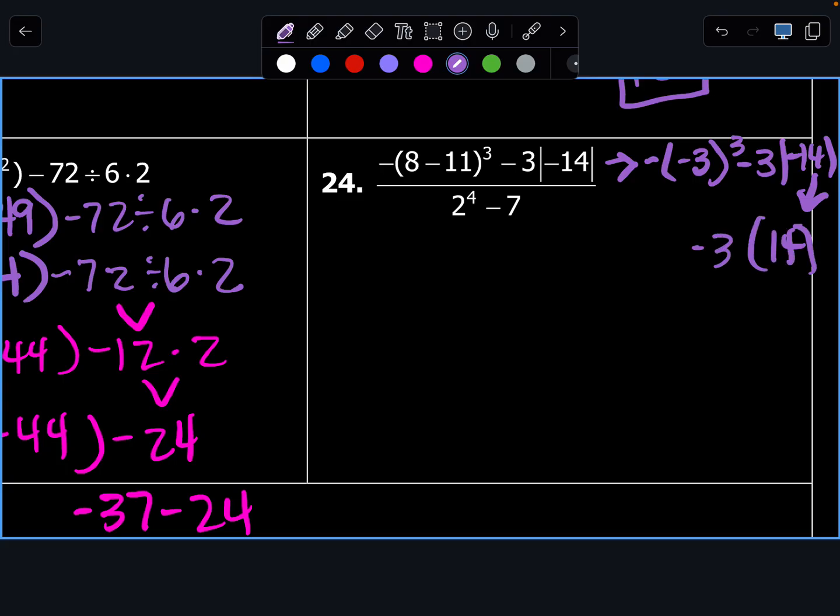Negative 3, we're not done. Negative 3 cubed minus. Wait, can you distribute the minus? Can you distribute? No, you can't distribute into absolute value because when you do negative 3 times 14 later, not yet. You can't do it yet because exponents is first. And look what's going to happen. I'm going to bring down this negative. What's negative 3 cubed?